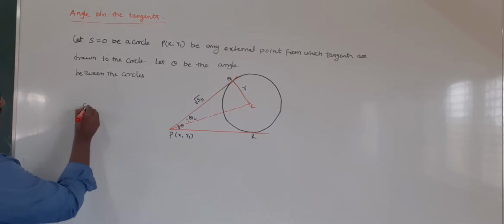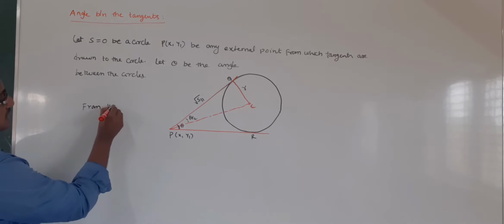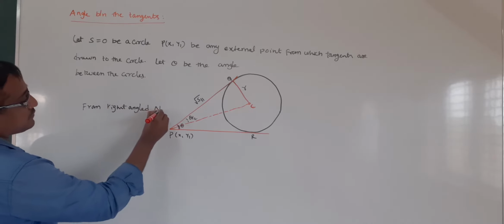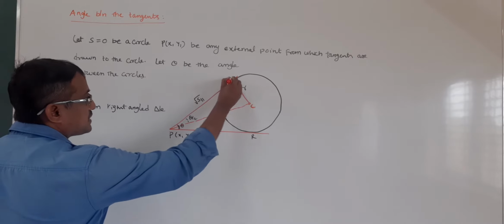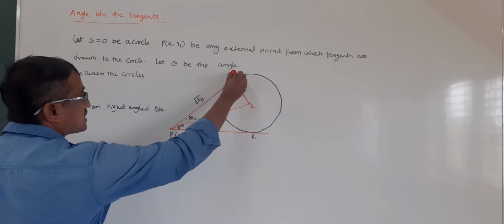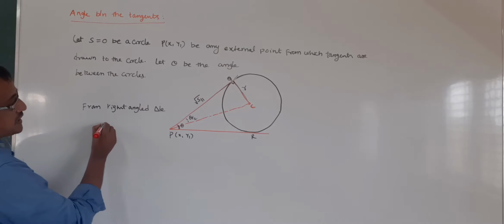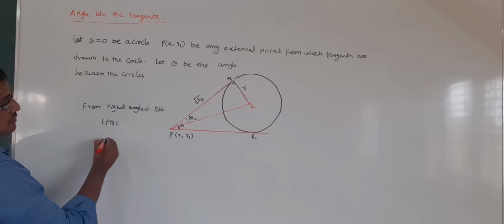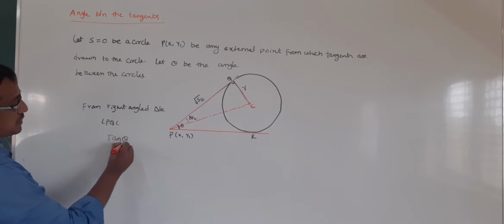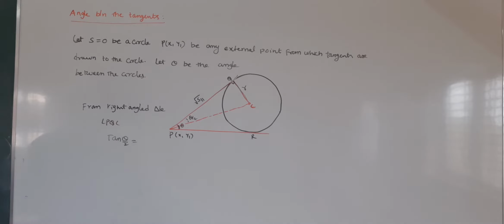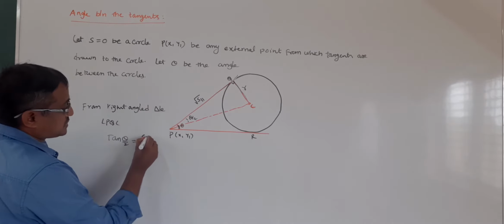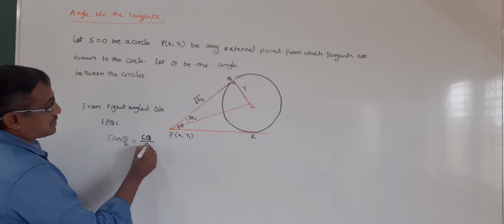Now from the diagram, from the right angled triangle. Now this is the right angle triangle because it is the normal and this is the tangent. So from the right angle triangle PQC we have tan theta by 2, which can be taken as CQ by PQ.